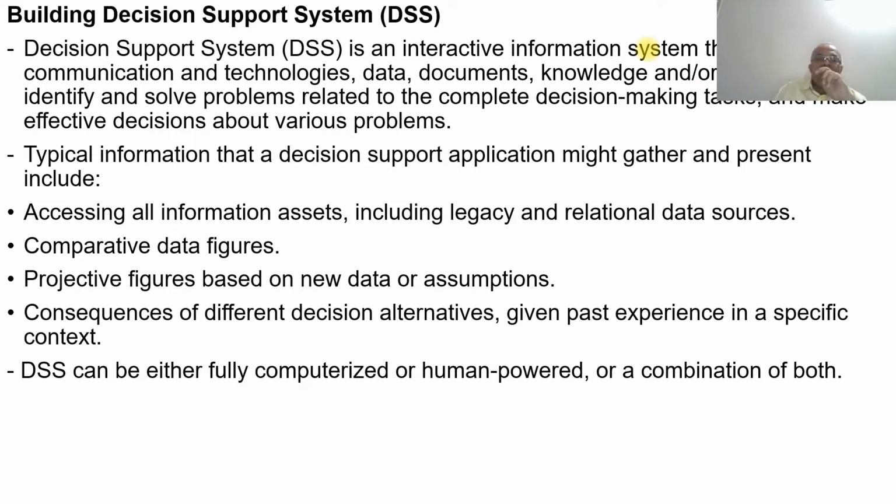These are projected by accessing information about the data and also by some assumptions. Consequences of different decision alternatives given past experience in a specific context. That means if you take this decision, it is going to happen like this. If you take that decision, it is going to happen like this. That is what it will predict and the information it will give.